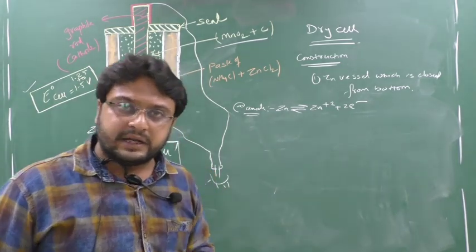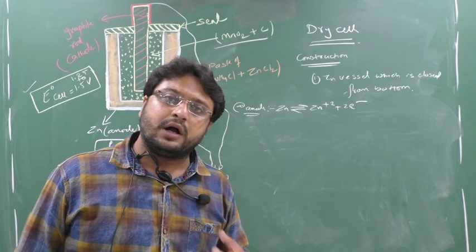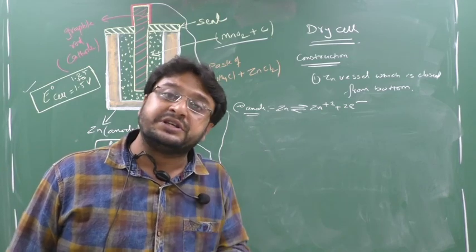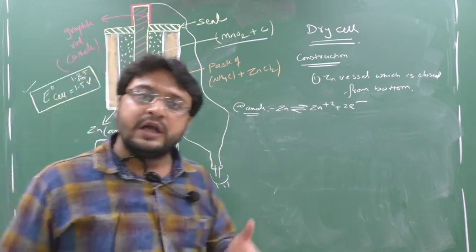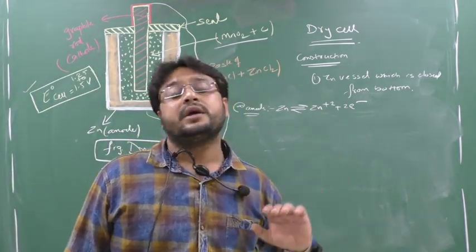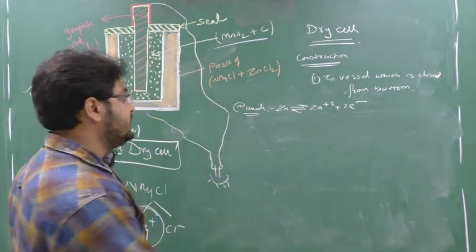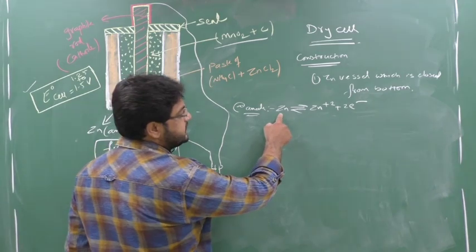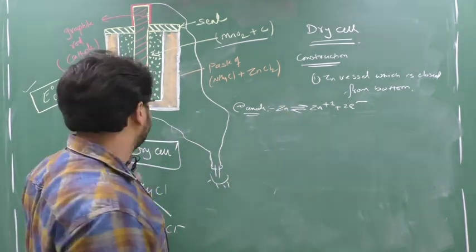So whenever a metal forms its ion during the process, it means it is getting rusted. So slowly the zinc will get rusted. As you know, Fe is forming what? Fe2O3. So Fe is forming its ion, and whenever any metal is forming its ion, it means they are rusting. So here similarly, zinc during the reaction is forming its ion, which means slowly zinc will be getting eaten up, it will get rusted.